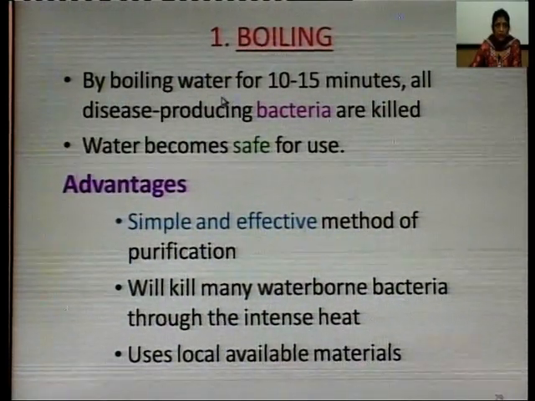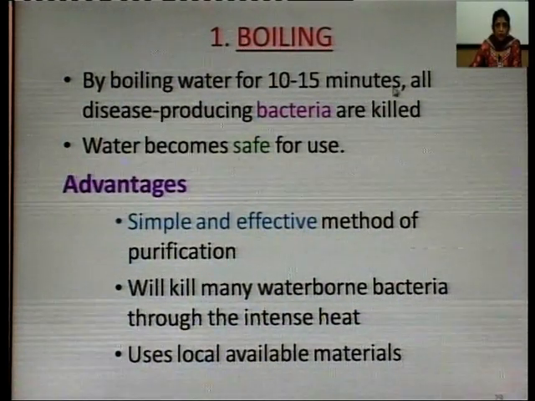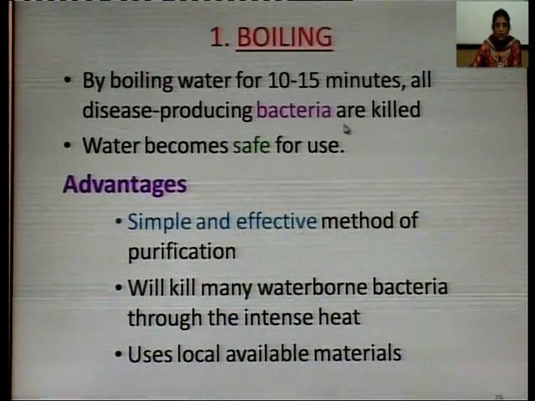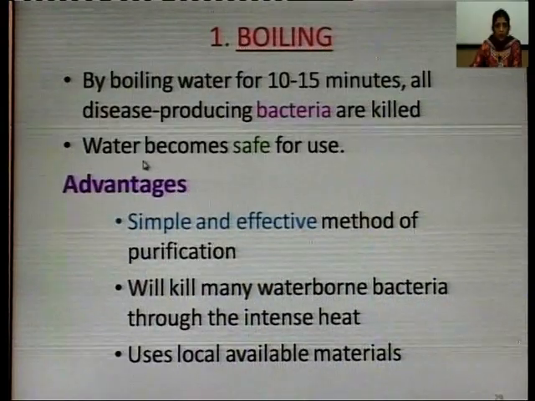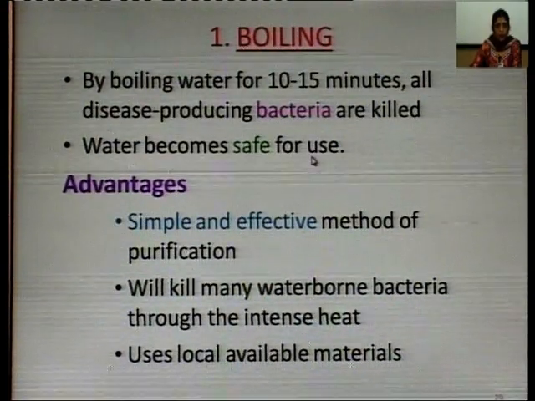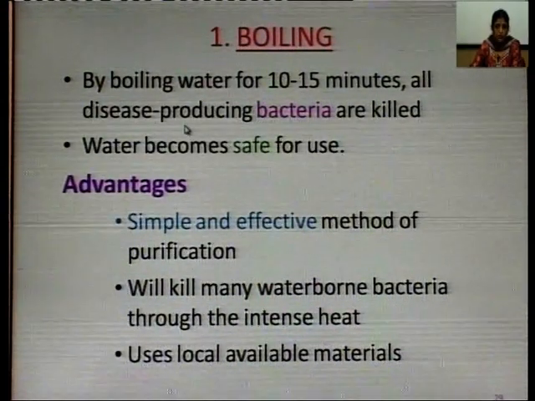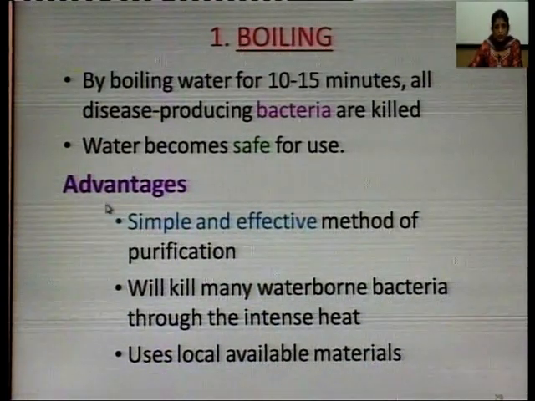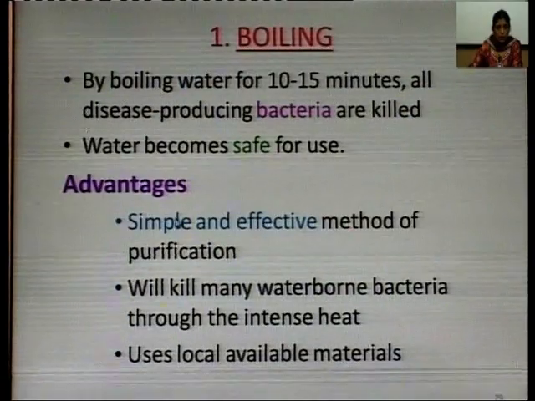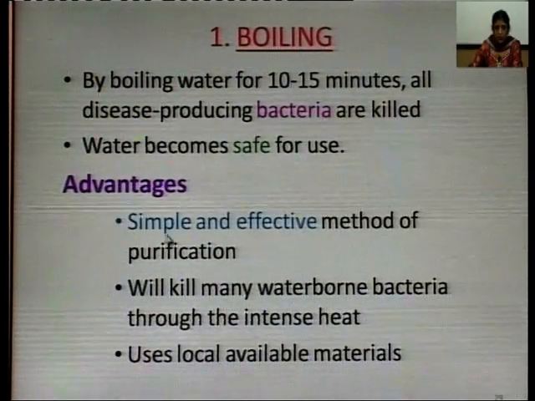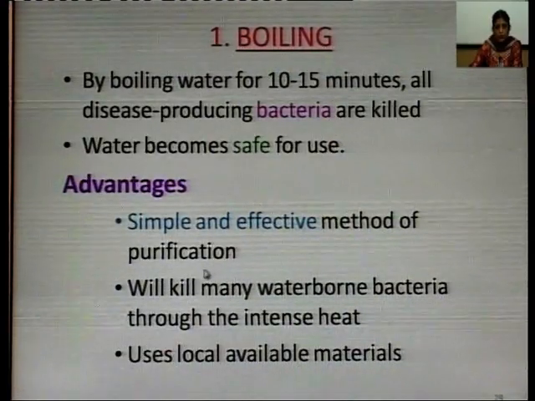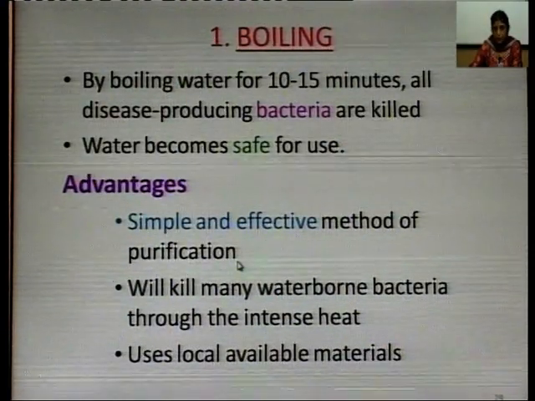By boiling water for 10 to 15 minutes, all disease producing bacteria are killed and water becomes safe for use. This method we use at homes most of the time. The advantages of this method are that it is a simple and very effective method of purification or disinfection.